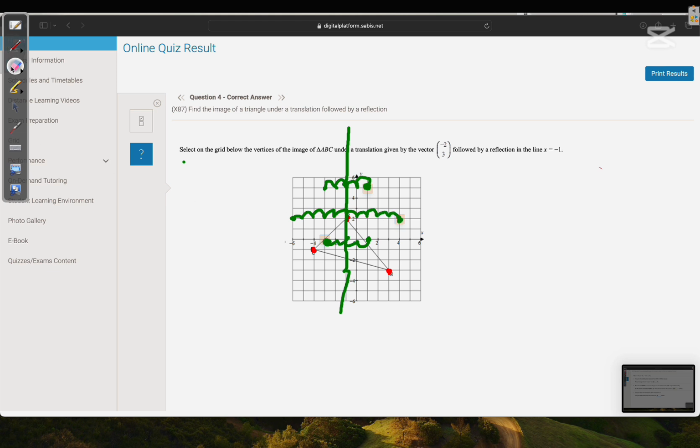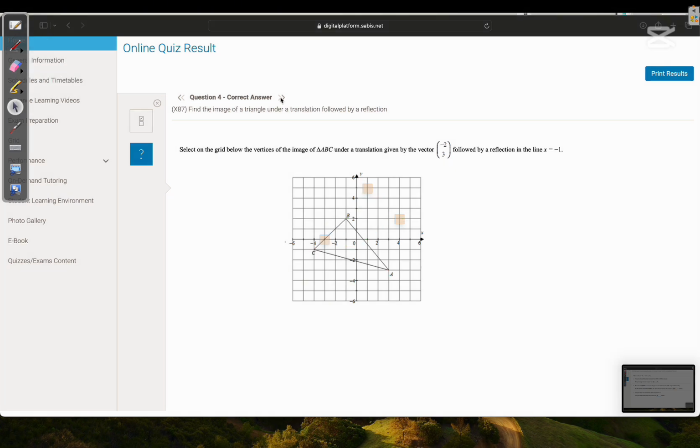Let me erase the lines, and then let's join the points. In a written exam, they would ask you to join the points together.